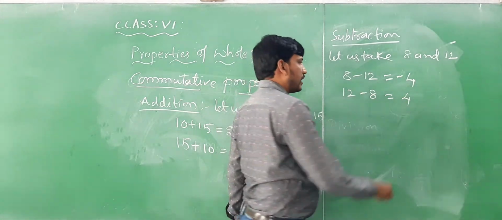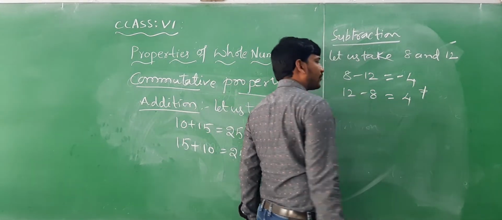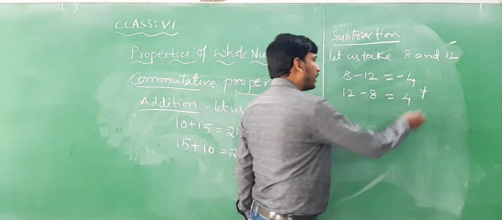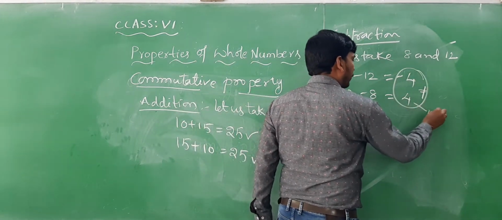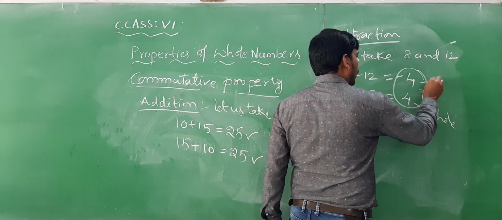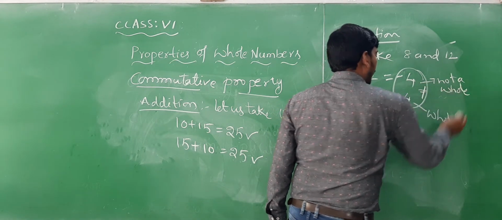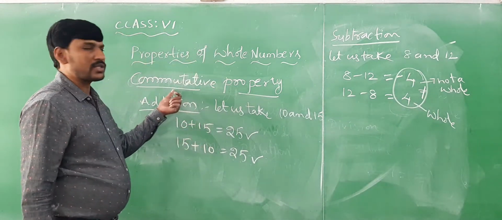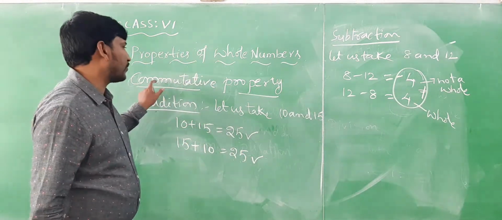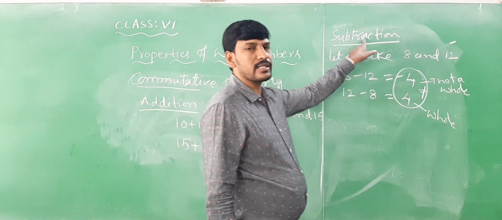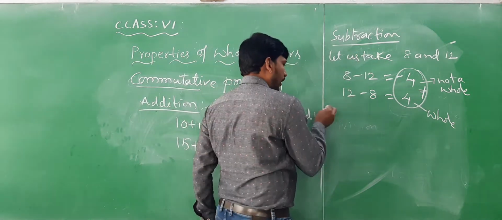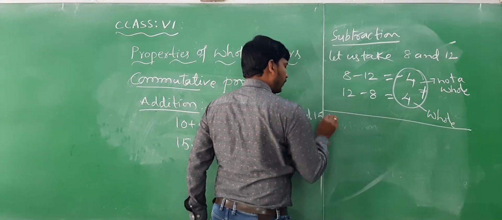So the results are not equal. Minus 4 and plus 4 are not equal. In one case it is a whole number, but here it is not a whole number. So the property is not satisfied. That is, whole numbers do not satisfy the commutative property under subtraction. Now coming to multiplication.